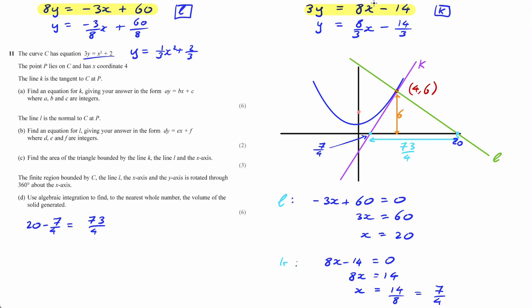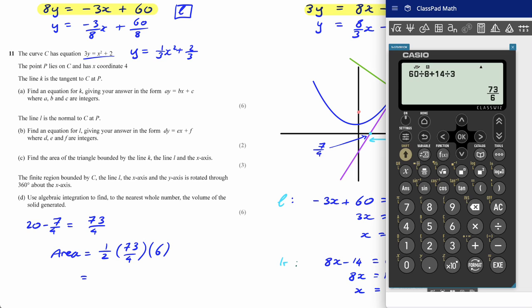So the area of the triangle is equal to a half base times height: a half times 73 over 4 times height, which is 6. Do that however you want, guys. Let's just use the calculator. 0.5 times 73 over 4 times 6 is, as a decimal, 54.75.